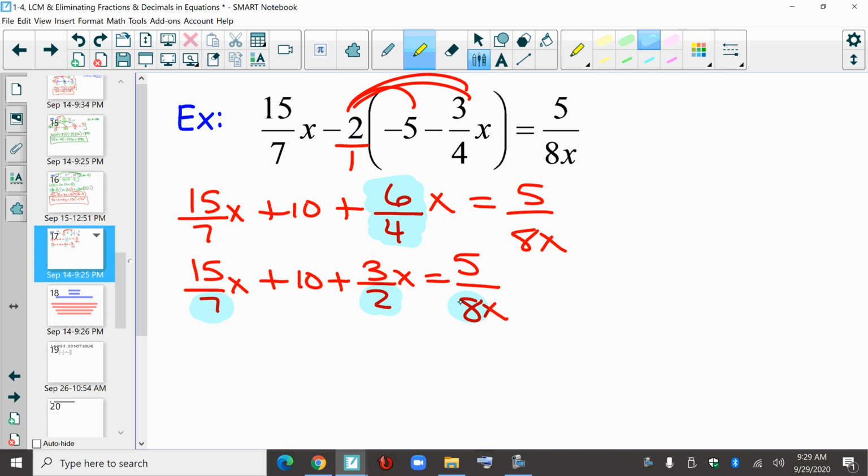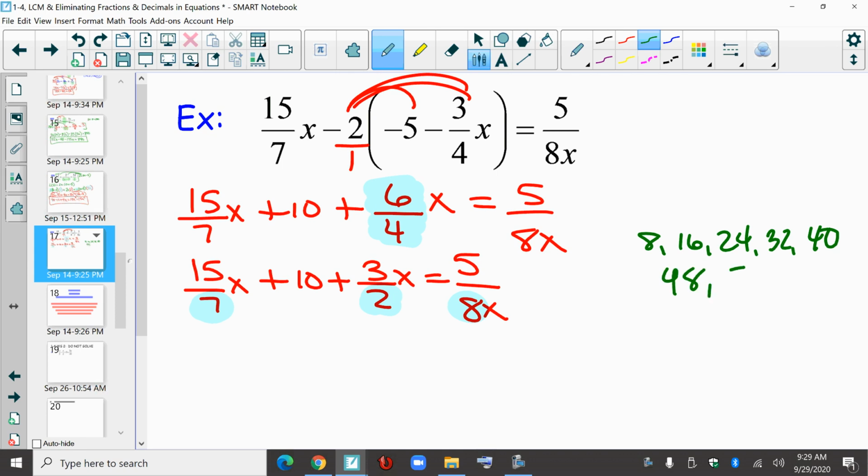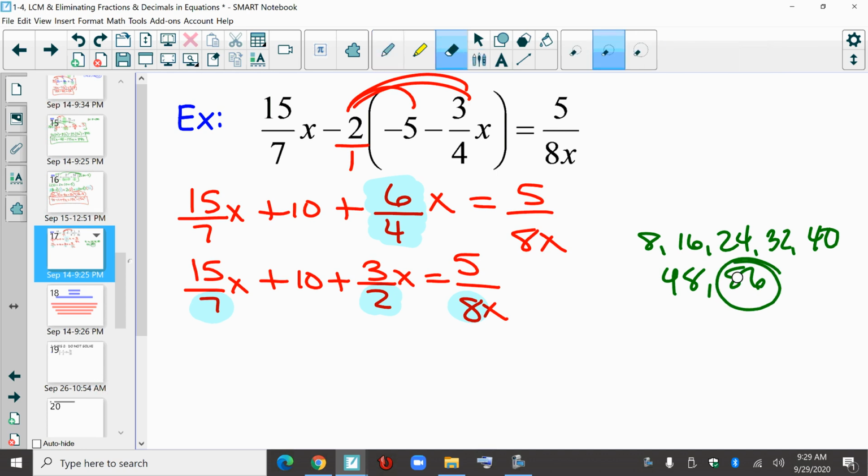So if you look at your 8, 8 times 1 is 8. 8 times 2 is 16, times 3 is 24, times 4 is 32, times 5 is 40, times 6 is 48, and times 7 is 56. Okay? 7 does not go into any of those numbers except for 56.